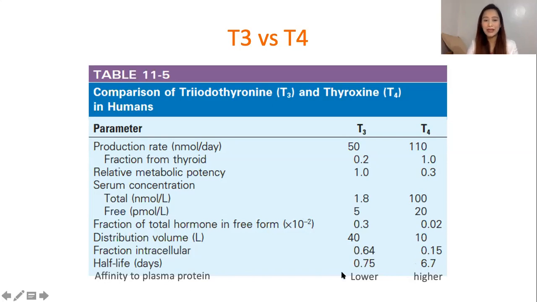Okay, and the half-life of T3 is just less than 24 hours. And lastly, affinity to plasma protein. Your T4 has a higher affinity to plasma protein, and your T3 has a lower affinity. Why? Because it needs to readily diffuse into the tissues, because again, it's the one needed by the peripheral tissues more than T4.